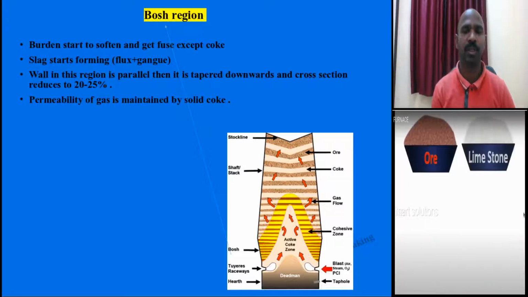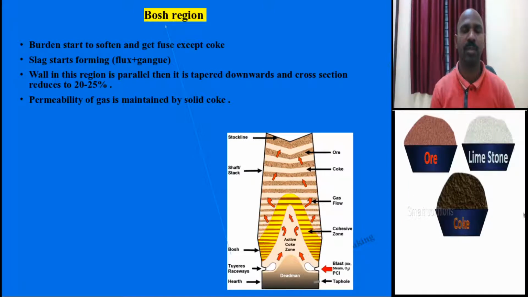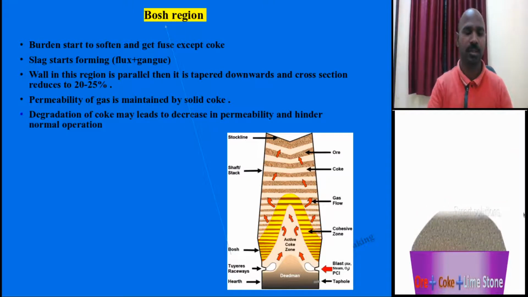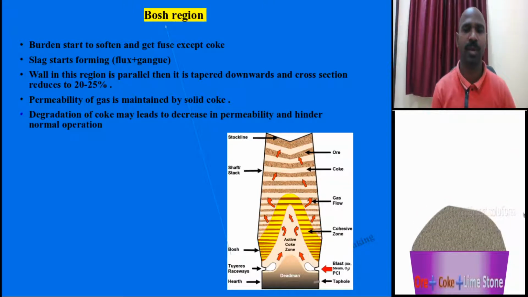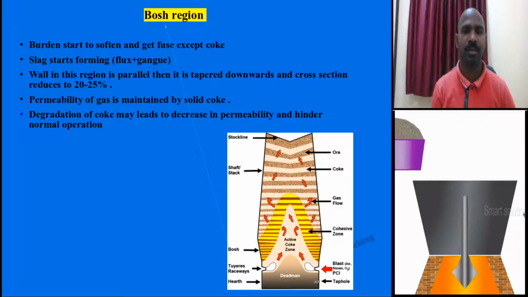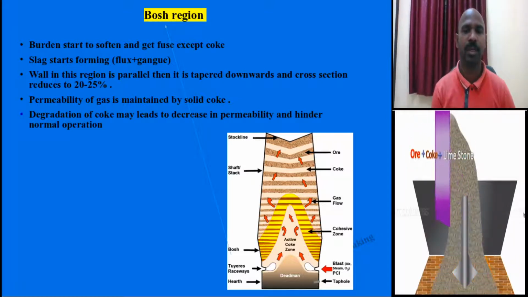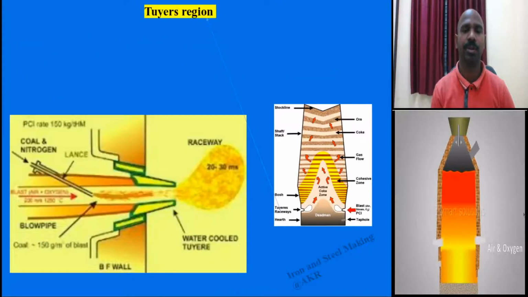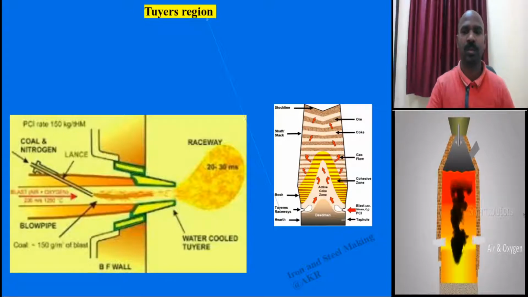That CO interacts with the solid coke, further CO and CO2 generate, and they interact with the iron ore. If the coke degrades after combustion, converting mostly into solid ash, that ash hinders the passage of the gases. This forms a layer on the slag which is called the dead man layer in the Bosh zone.